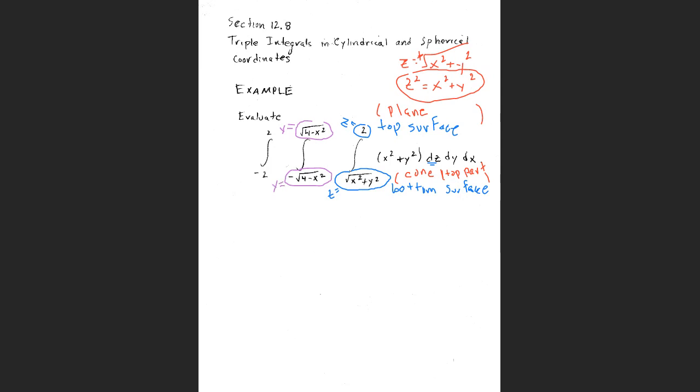And then you have your x limits going from -2 to 2. Now, if we were to focus strictly on the y limits and the x limits, what region D do they make together?